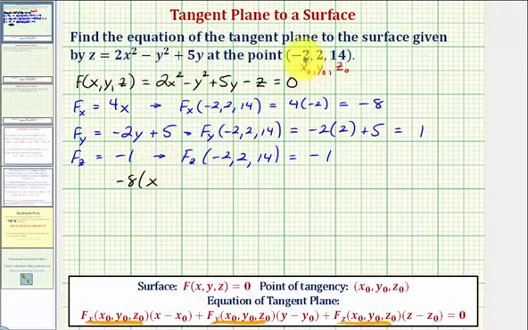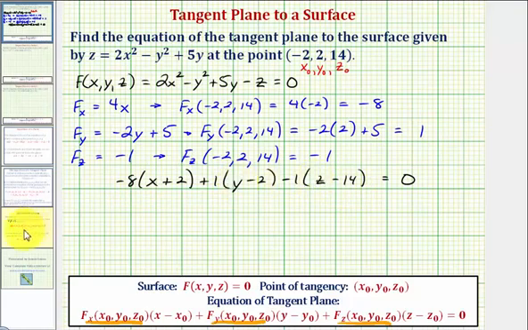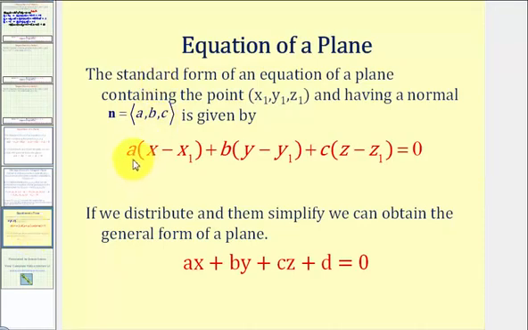That'd be x minus -2, so that becomes x plus 2, plus the partial of y evaluated at the point of tangency, which is 1, times the quantity y minus y sub 0, that would be y minus 2, and then plus the partial with respect to z evaluated at the point of tangency, which would be -1, so we have -1 times the quantity z minus z sub 0, so we have z minus 14, and this equals 0.